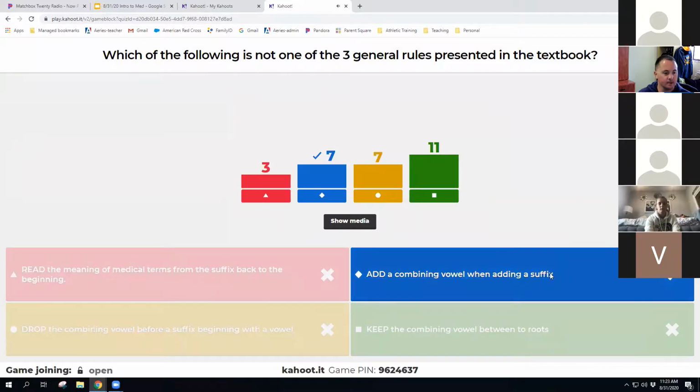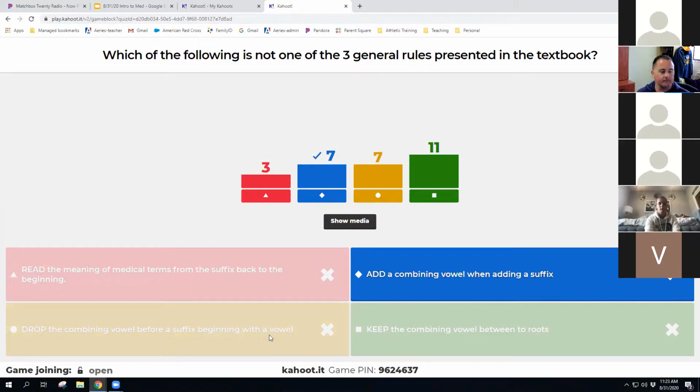Boom. Okay. So the 3 rules that they gave you when they are talking about creating a new word. Read the meaning of the medical term from the suffix back to the beginning. So the suffix is going to be stated first, and then you'll read through the word. Drop the combining vowel before a suffix beginning with a vowel. So for example, in the book, it gave you gastritis.